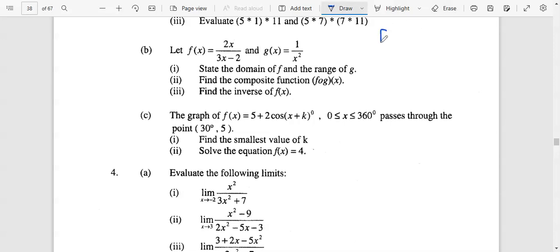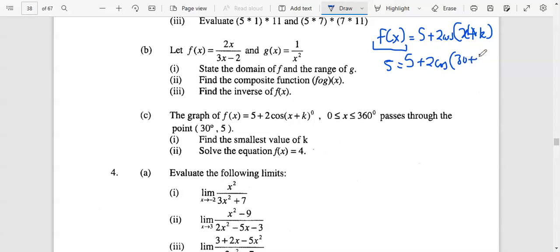Now you have a function f of x which is 5 plus 2 cos of x plus k. Now it passes through 30, 5, meaning that this function is going to be equal to 5 when the angle is 30. So that is going to be 5 plus 2 cos, where there is x, I'm going to put 30, then plus k.